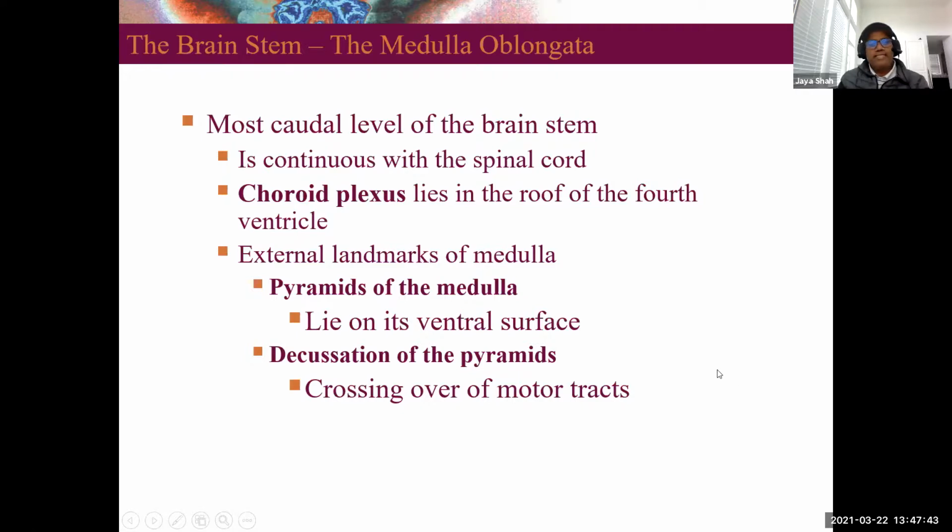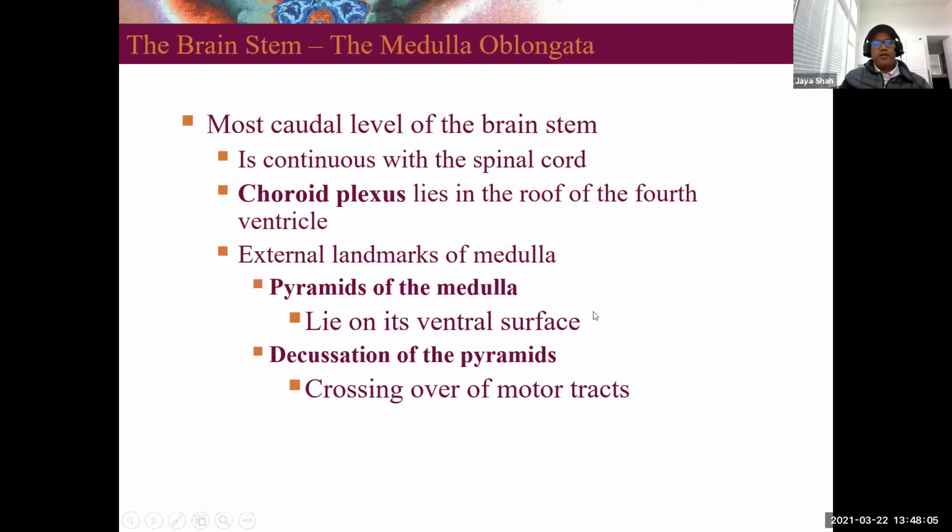It contains most of the vital centers, like the center for autonomic respiration, center for blood pressure, cardiac center, vasomotor center, sneezing center, coughing center. They all are there.